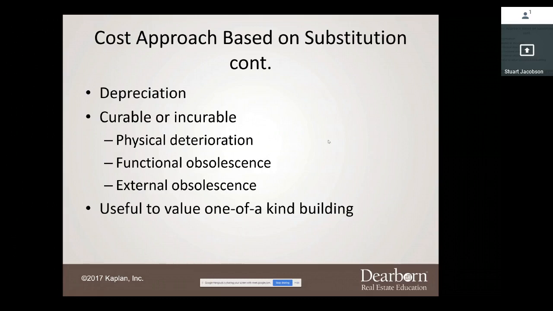Well, if the racetrack adds some noise, traffic, and things of that nature, that is considered external obsolescence. Okay, this is something that is making the property obsolete in comparison to when it was originally built, but it is external. It's an externality versus something that you could cure. External obsolescence is usually incurable. It's usually not something that you could fix, but it does have a depreciation on the property, okay?